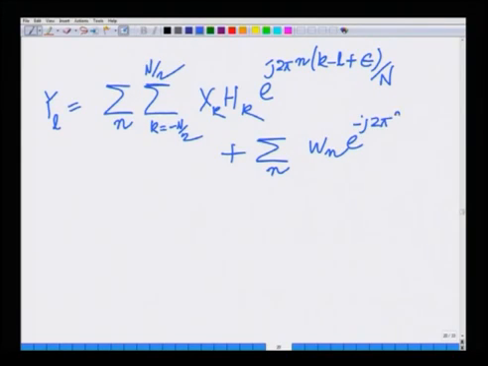Let us employ the similar simplification as earlier: when k equals L, k minus L is 0, and this is simply e^(j2πnε/N), and when k is not equal to L, there is some other expression.